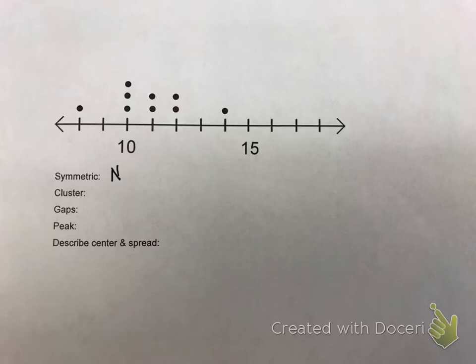The answer is no. Are there any clusters? Yes, there is a cluster between 10 and 12. This cluster right here is what I'm talking about. Those numbers are all bunched together, therefore they are considered a cluster.